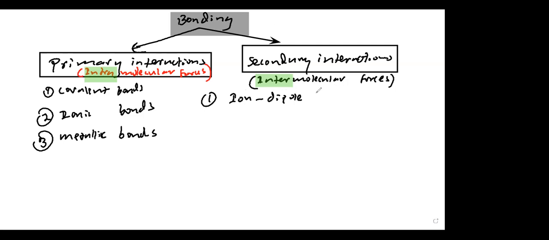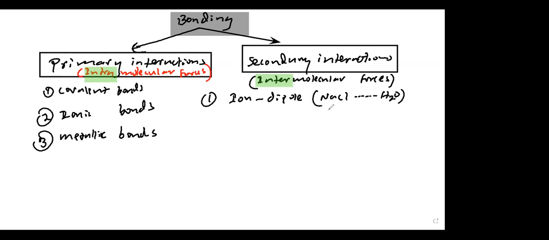One of the best examples: sodium chloride contains ions, and water contains a dipole. That means two poles, one positive and one negative: H plus, the positive pole, O minus, the negative pole. Between this dipole and the ion there is an attraction, known as ion-dipole, between an ion and a polar molecule.